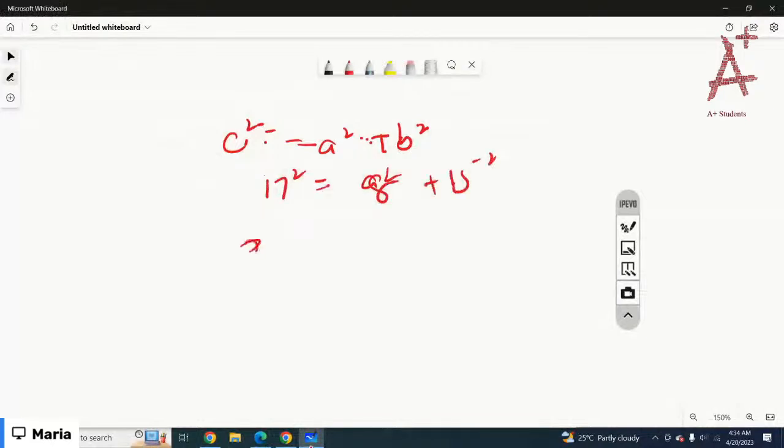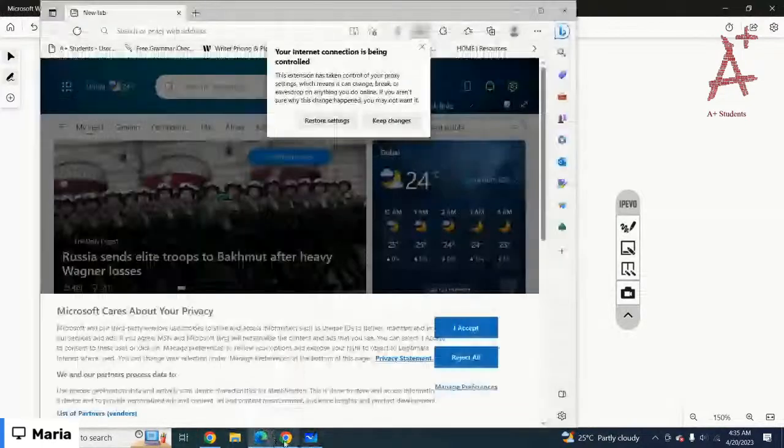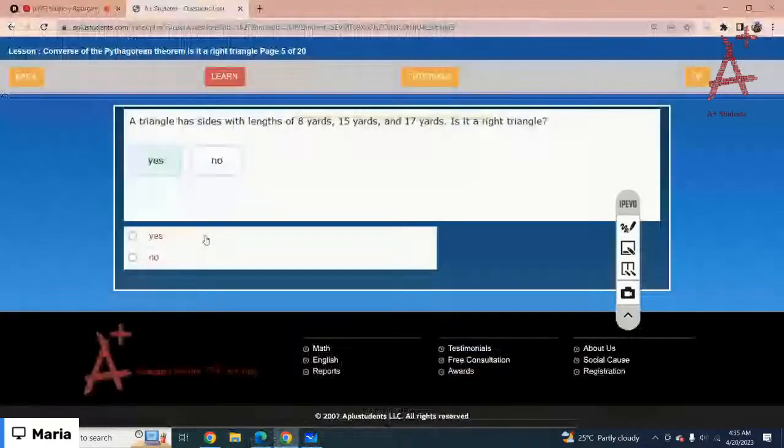So it would be 289 equals 64 plus 225. Yes, here you have 289 and here you have 289. So both sides are exactly equal. That means yes, the measurements are of a right angle triangle. Got it? So the correct option is yes.